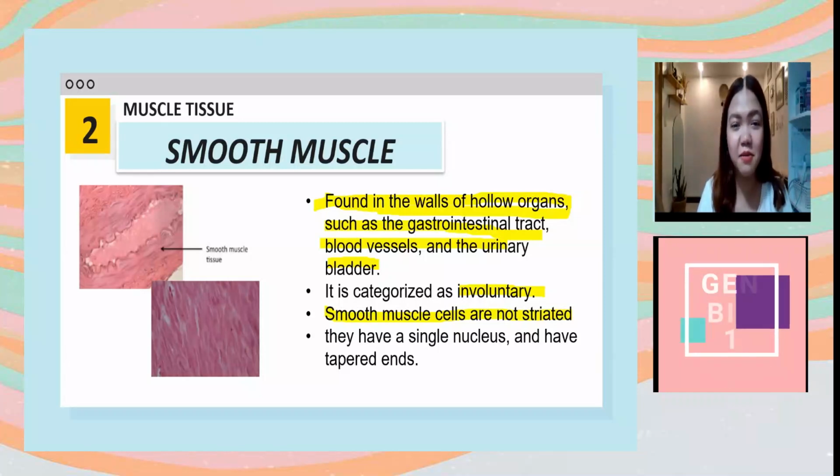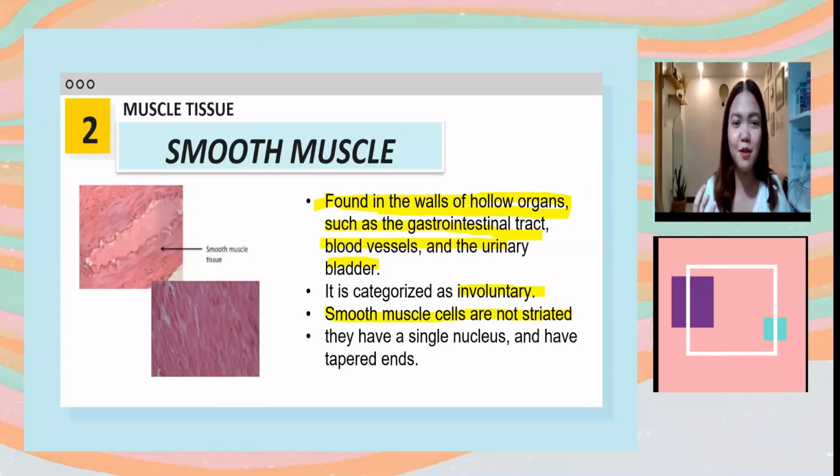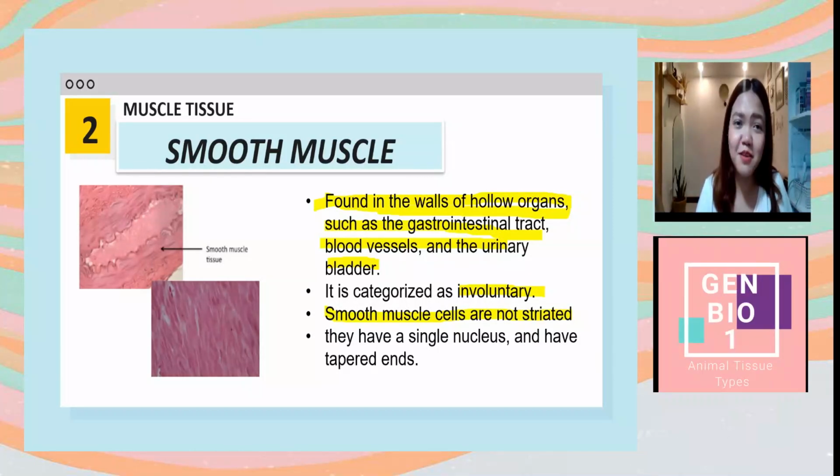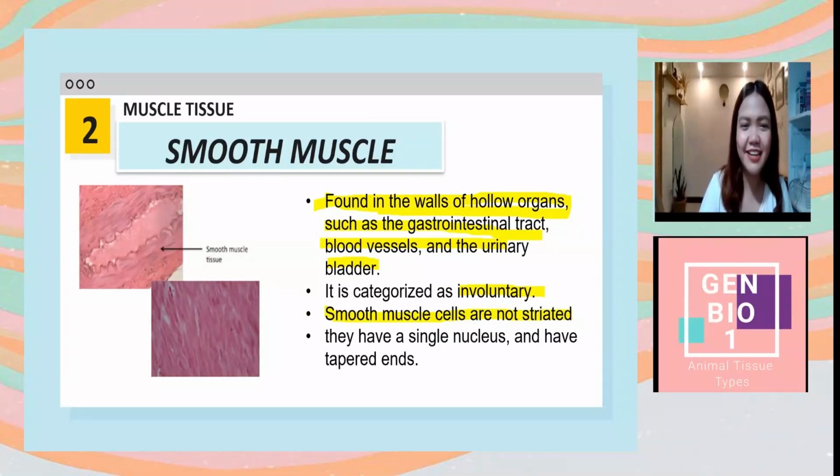Involuntary din naman siya. Yeah. And the work naman is not that, hindi naman siya masyadong nakakapagod, although it's involuntary, talaga namang ginagawa. Pero yeah, compared to lahat ng ginagawa ng skeletal muscle, it is much more relaxed in a way. So, they are not striated, okay?